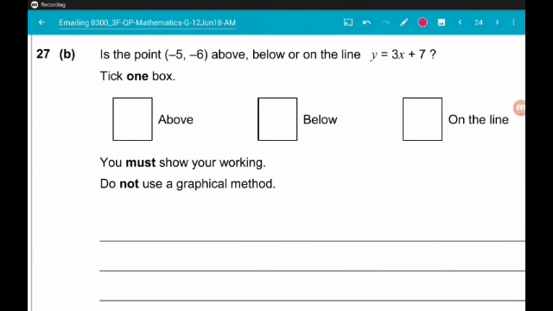Okay, then part B is the point minus 5, minus 6 above, below, or on the line y equals 3x, add 7. So we're not allowed to use a graphical method. So the way to do this is we need to find on the line what is the y value when x is equal to minus 5.